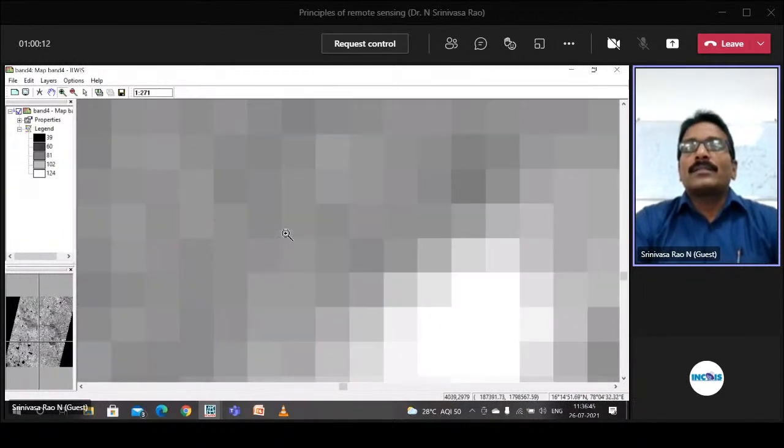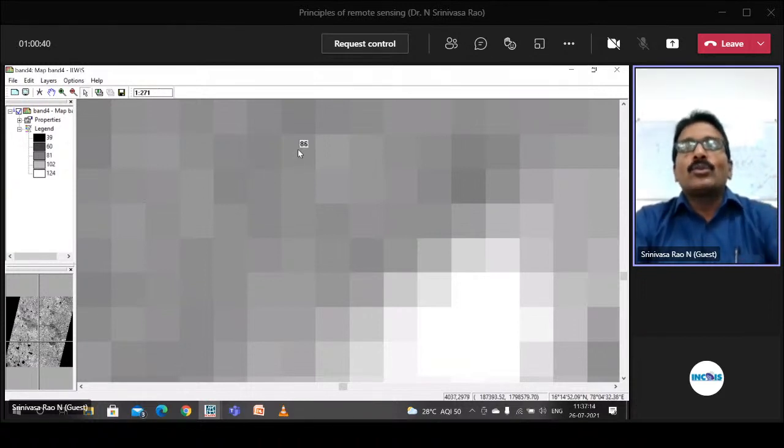Okay, pixels. Now what do the pixels contain? Whatever energy is reflected or emitted from the ground, the sensor captures that energy and converts it into numbers. That light energy is converted into numbers. Each pixel stores some number, and those numbers we call DN numbers. How the DN numbers come about, I am going to explain later.